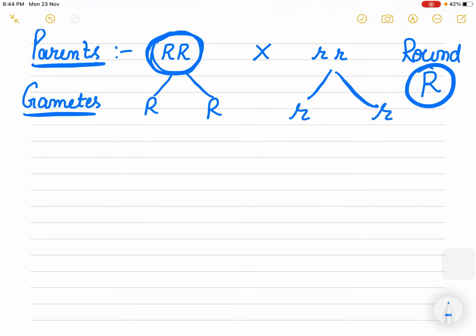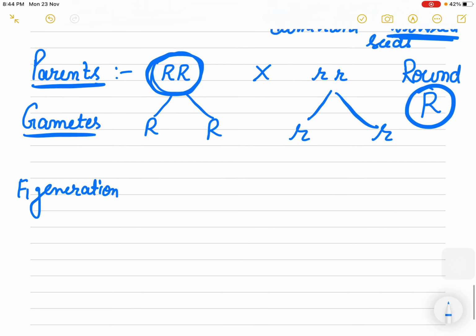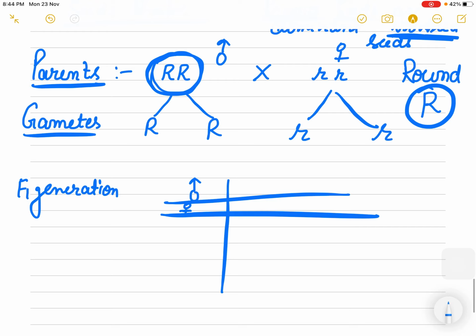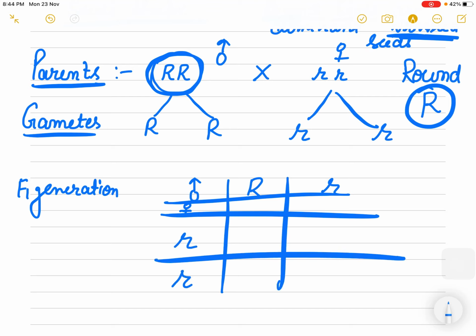What will be your F1 generation now? For the F1 generation, there are two methods. One, you can make the checkerboard. This is the male, this is the female plant. So here I am making the checkerboard. This side male, here I am taking female. So now R, and here we are taking r. Now combine them, Rr.